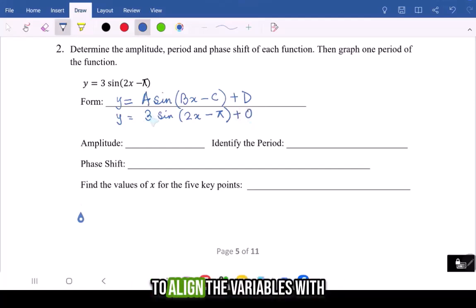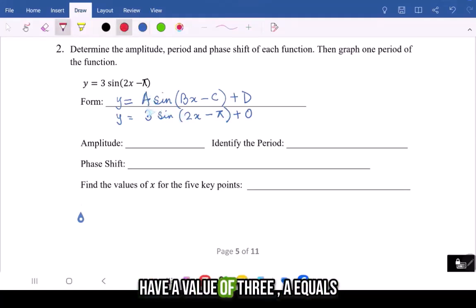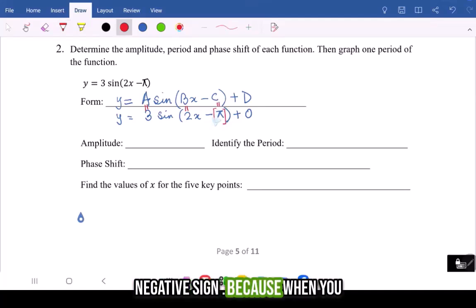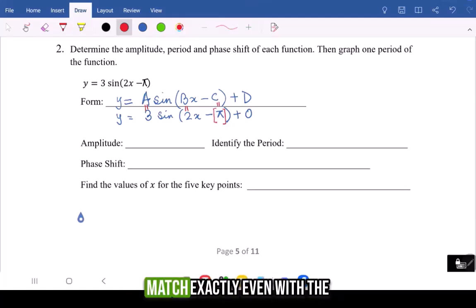Now let's try to align the variables with their respective values. A equals 3, b is equal to 2, c is equal to positive pi, whatever remains after you pull out the negative sign, because when you align the equation, it has to match exactly, even with the signs, the variables, everything.